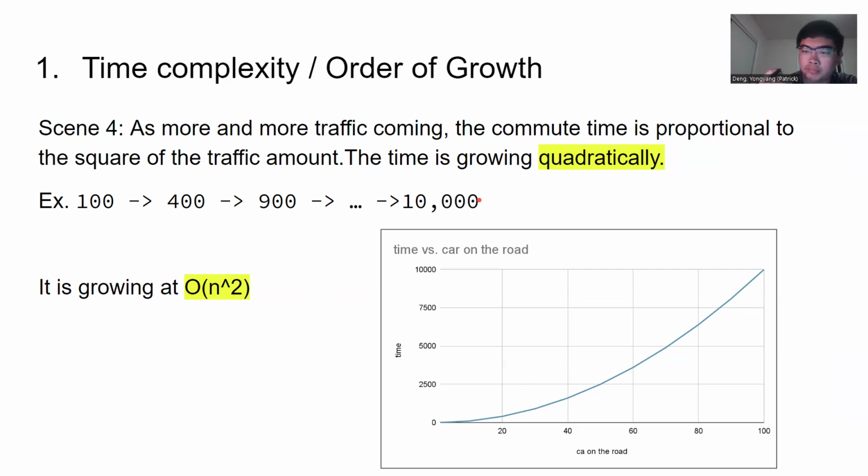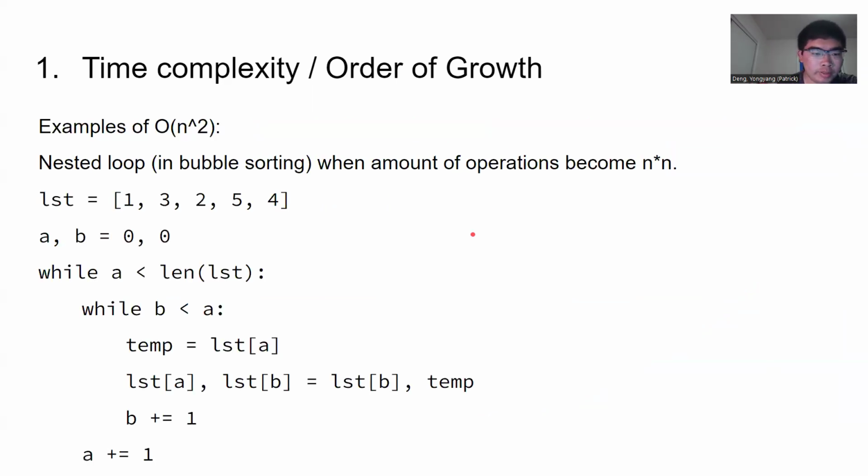So how do we cause order of growth of big O of n squared? We are using nested loops. For nested loops, suppose here I'm doing bubble sort. I have two while loops, and they are nested, one inside another, and the counters of the two while loops are both inputs.